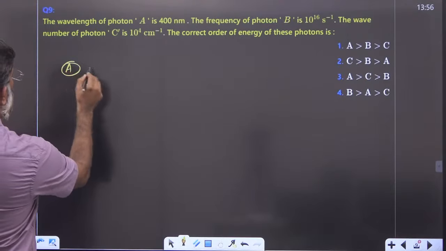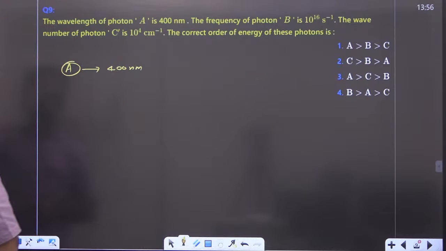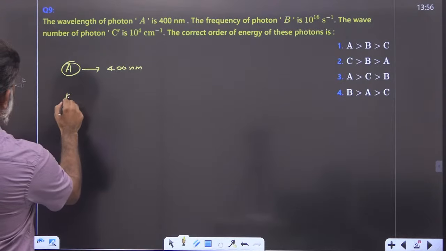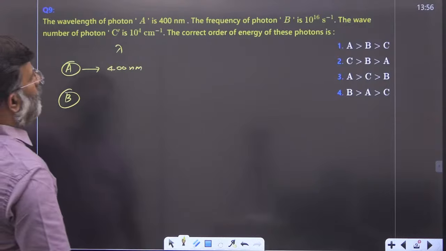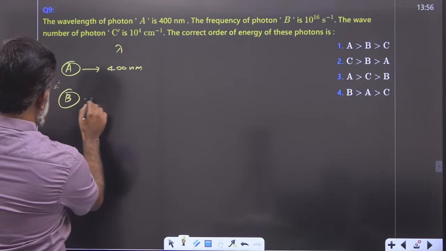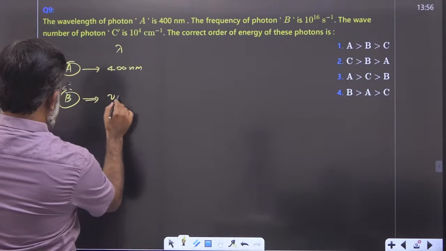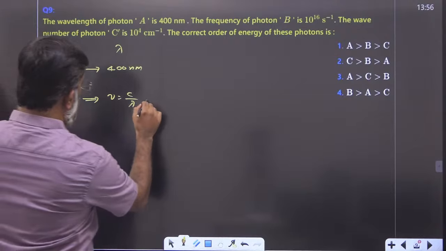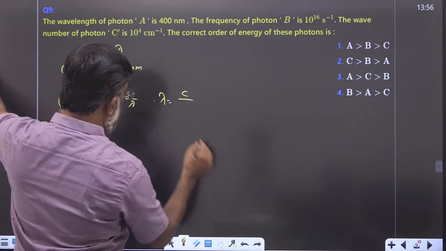A വരുന്നത് 400 നാനോമീറ്റർ ആണ്. ഇനി ബി ലാംഡ കേട്ടോ. ബി വരുന്നത് ഫ്രീക്വൻസി തന്നിട്ടുണ്ട്. Therefore nu equal to c by lambda, therefore lambda equal to c by nu.